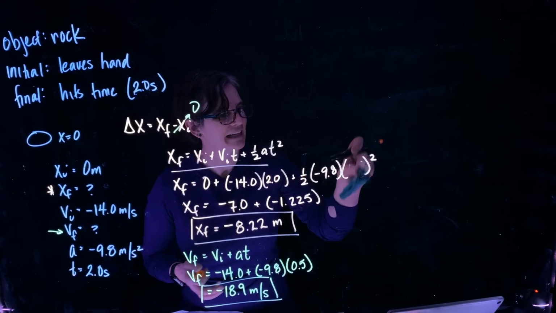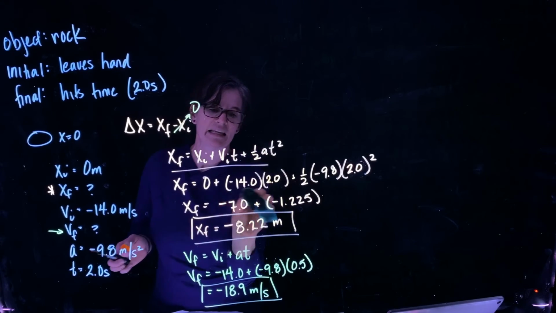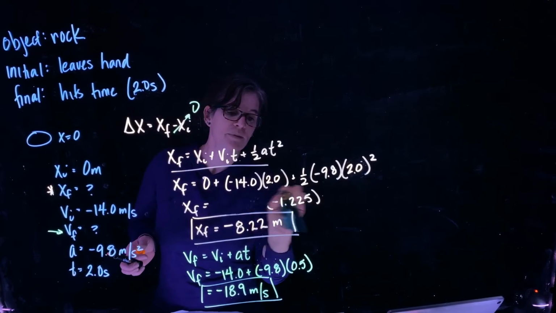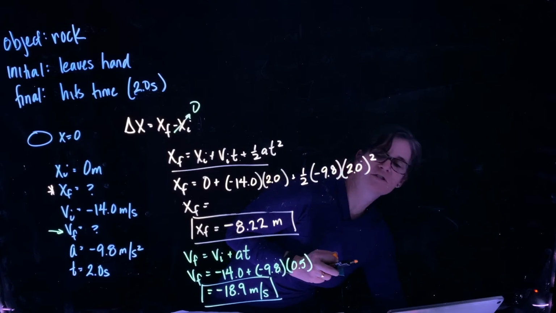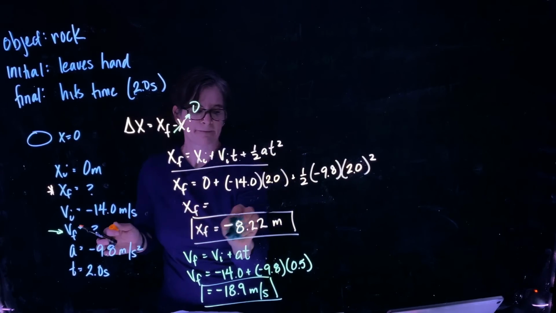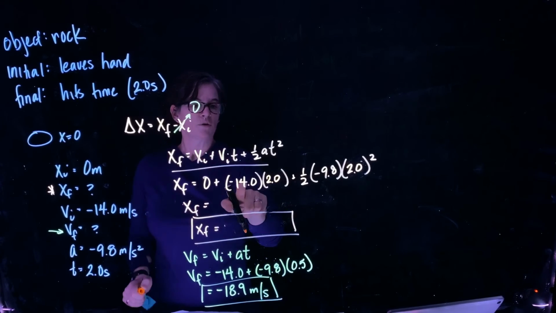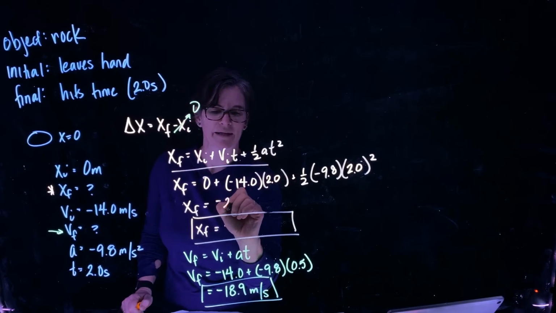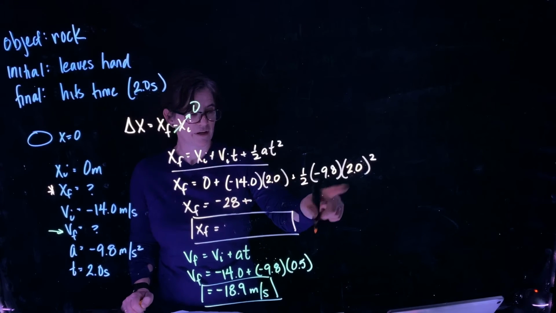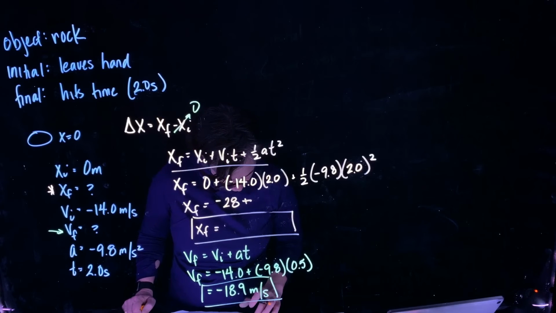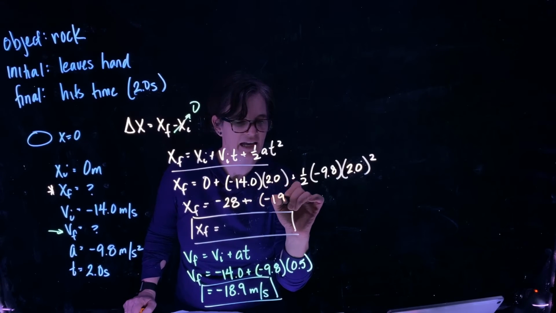We're still interested in knowing our final position because that's going to give us that displacement. So negative 14 times 2, well, that's negative 28, plus negative 4.9 times 2 squared. So negative 4.9 times 4 gives us negative 19.6.